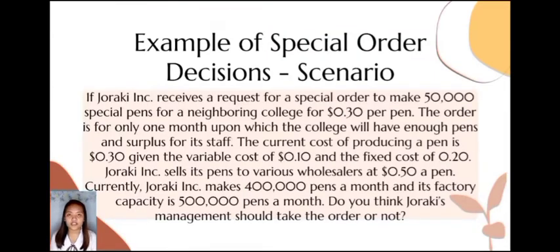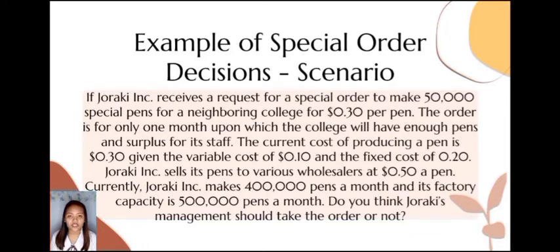For illustration, here is an example of a special order decision scenario. Joraki Incorporation receives a request for a special order to make 50,000 special pens for a neighboring college for $30 per pen. The order is for only 1 month, upon which the college will have pens and surplus for its staff. The current cost of producing a pen is $30, given the variable cost of $10 and the fixed cost of $20.